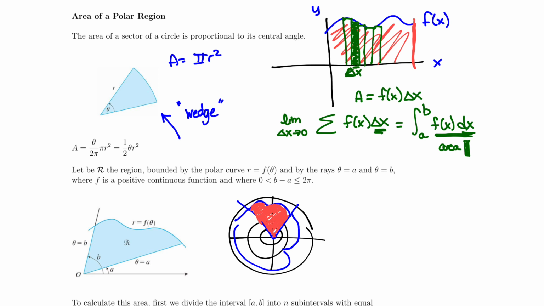So to get the fraction, you take the whole thing, divide it up by 2 pi, and that gives you 1 radian, but then multiply that 1 radian times theta. And so you're going to discover that the area of a single wedge can be identified with this expression right here, 1/2 theta r squared.